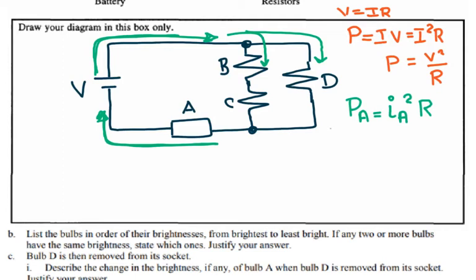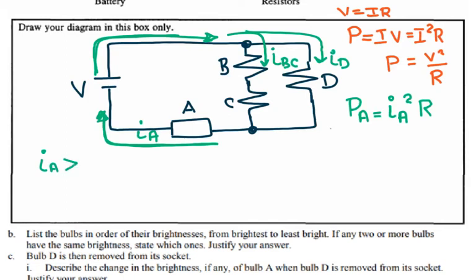But let's do it this way. We're going to call the currents I_B, I_C, I_D, and this current we're going to call I_A. What I see is I_A is the largest.